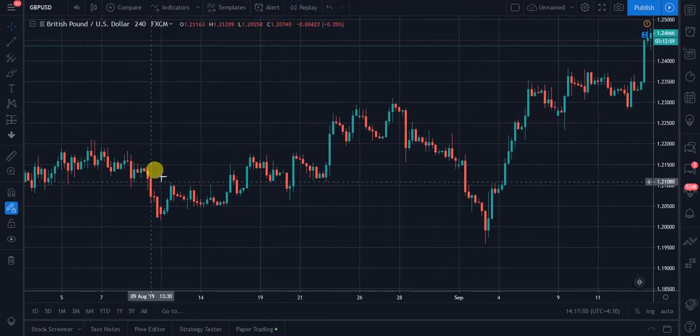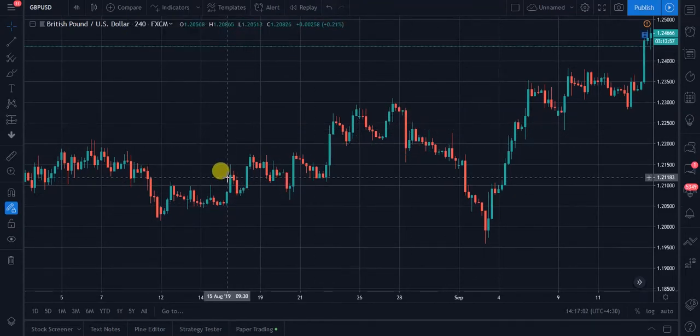I have to show you the basics of candlesticks. We have some types of candlestick, like bullish and bearish. So the first one is about the bullish candlestick.